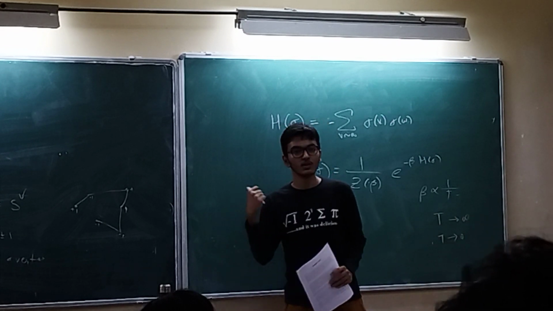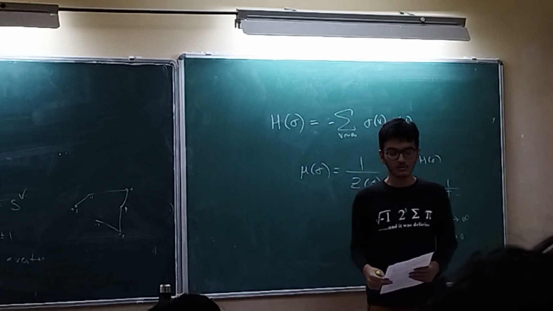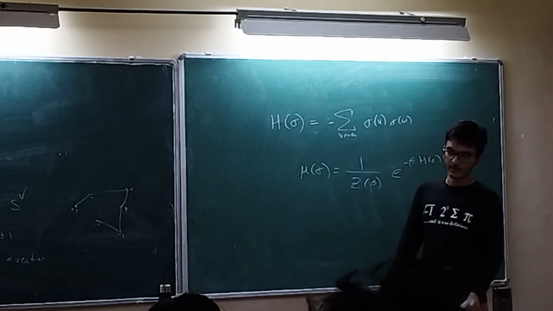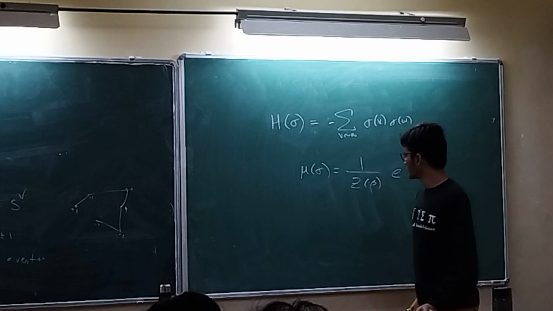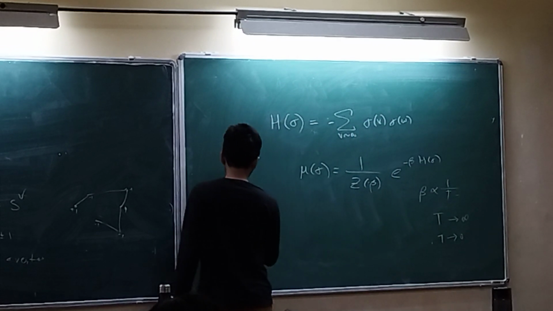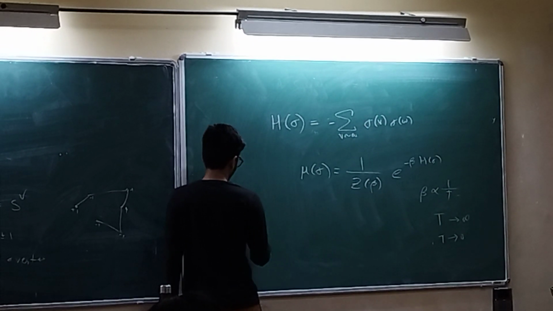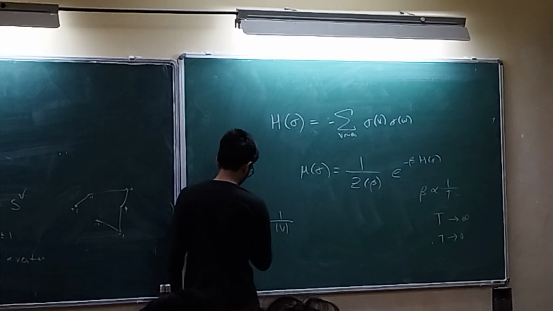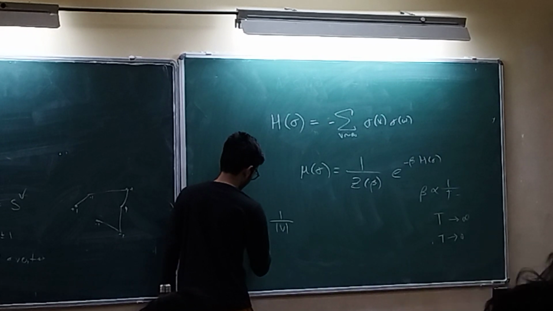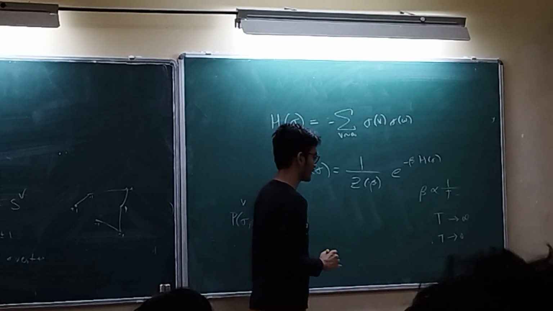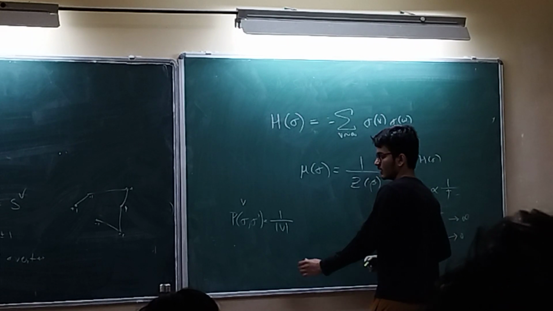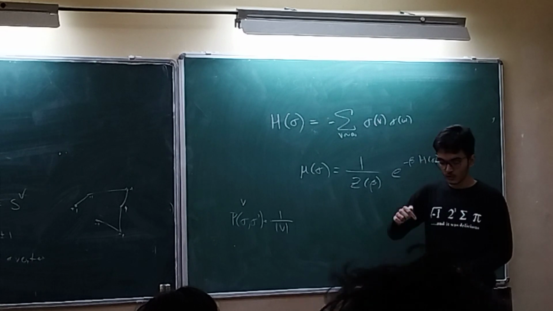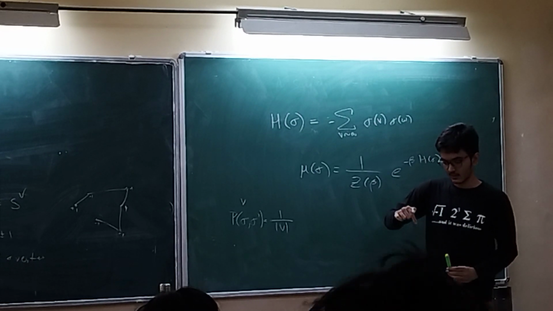So now if you want to simulate this model on an actual computer, then again you will use the Glauber dynamics. That is, you pick a vertex V at random. Let's write the transition matrix. So you pick a vertex V at random, and now you look at the possible spins at that vertex.